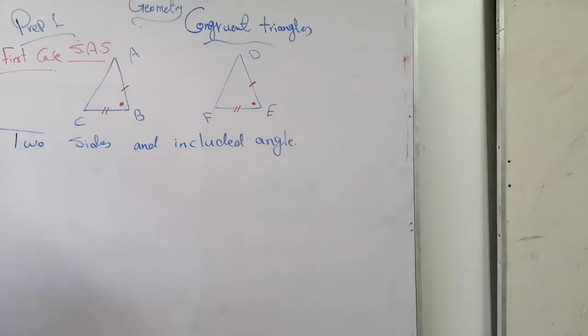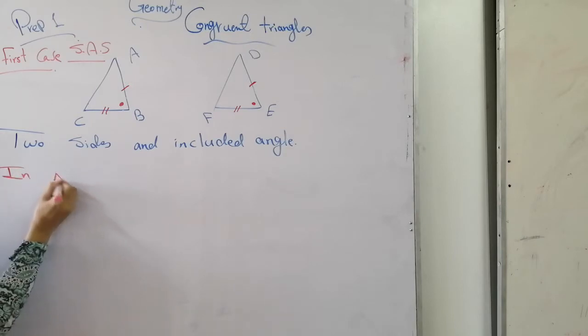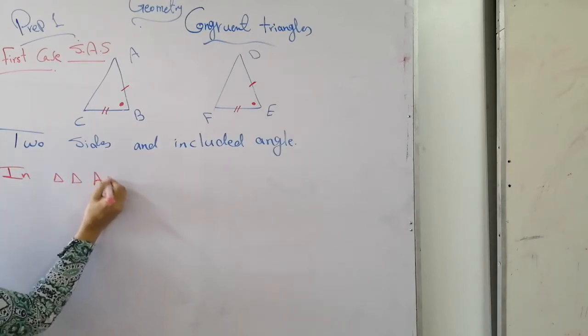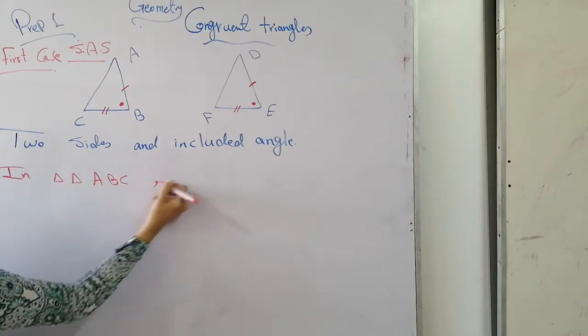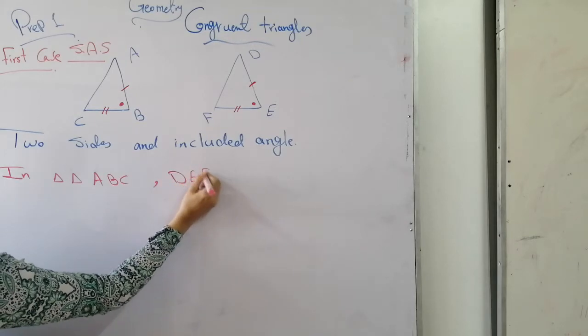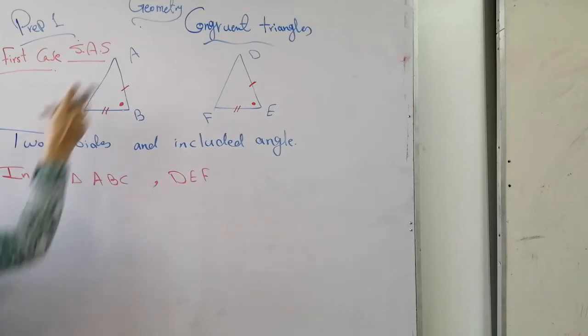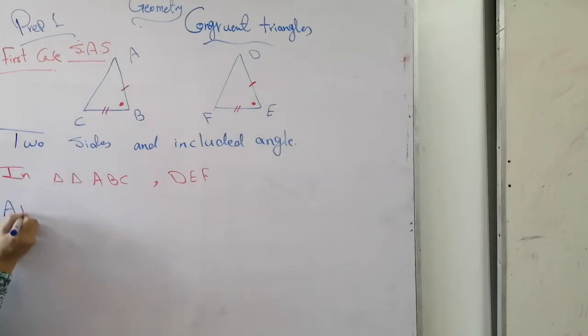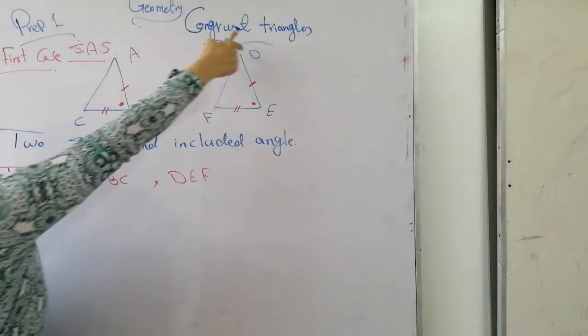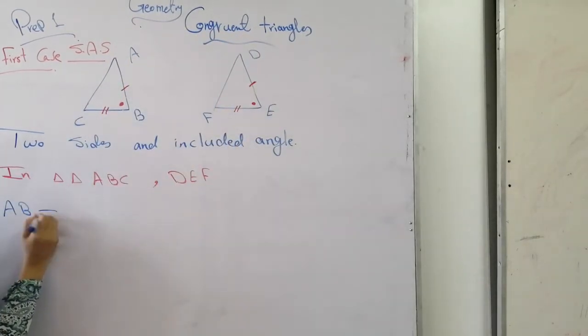I will write it like this: in two triangles ABC, DEF, what do I have? I have side AB. What is the corresponding side to AB in the second triangle? The corresponding side is DE.